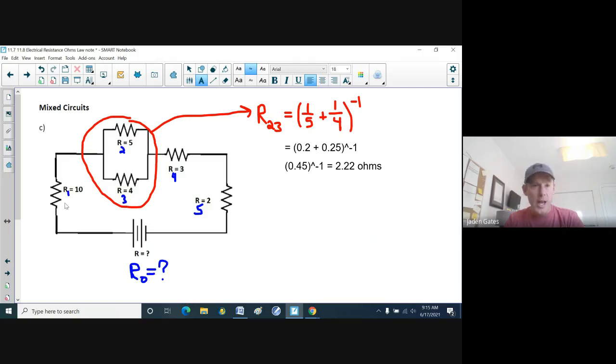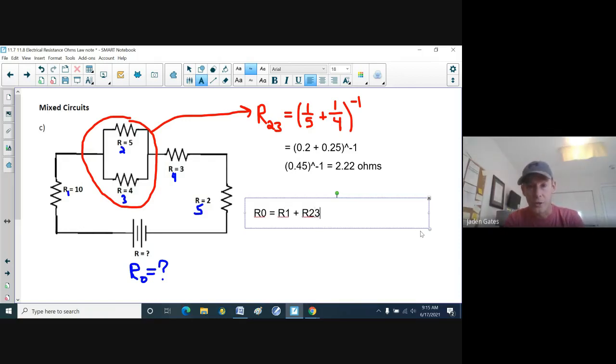my formula. And because now I'm dealing with all of these in series, my equivalent resistance, my R0, is going to equal R1 plus R23 plus R4 plus R5.